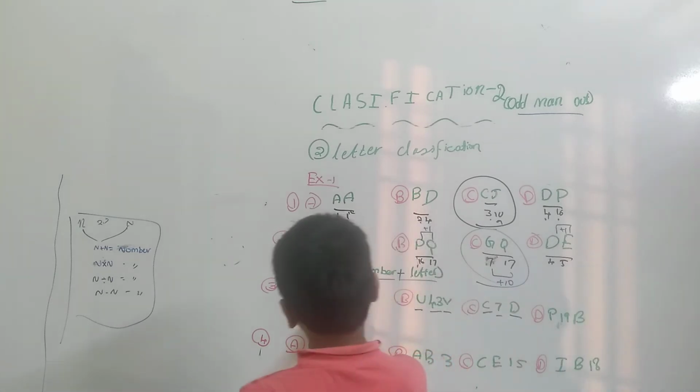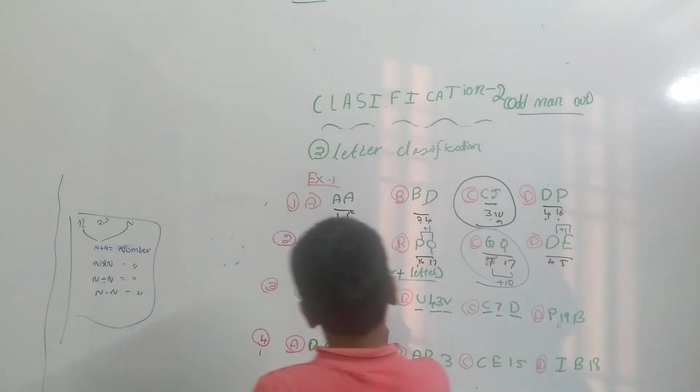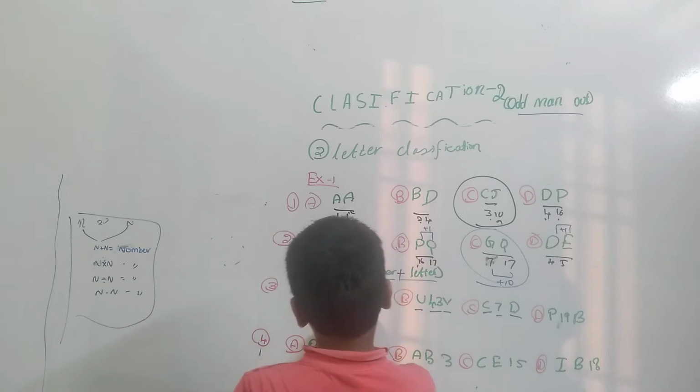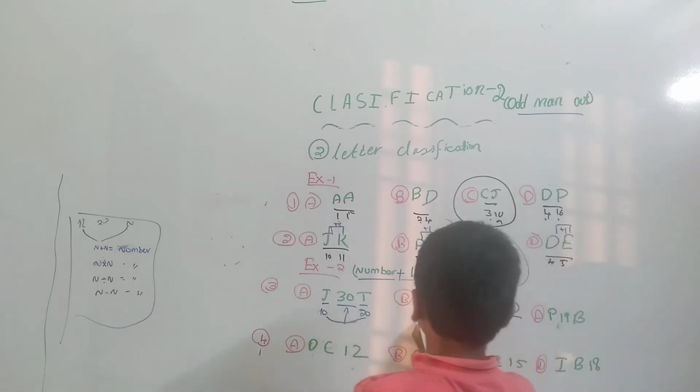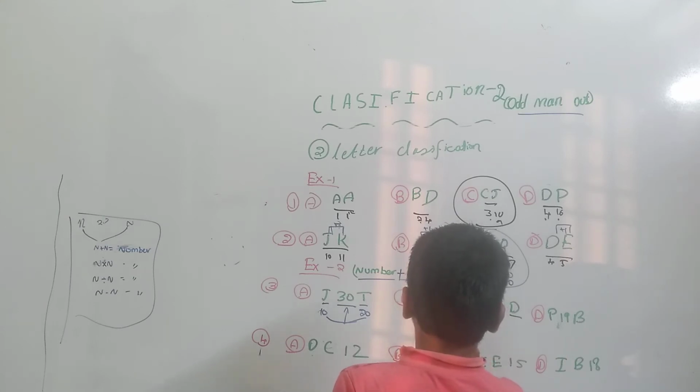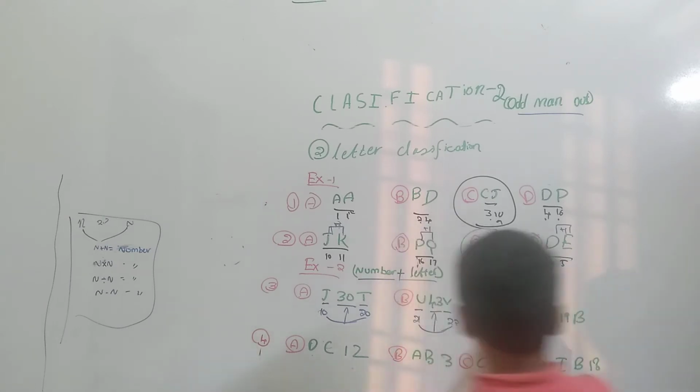In this question, J means 10, T means 20. Adding these two, we get 30. Next, 21 and 22: adding these two, we get 43.